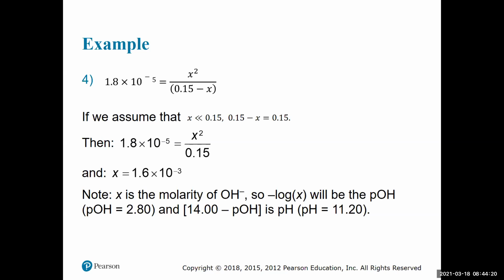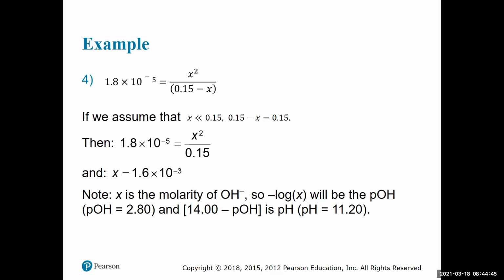And so in this case, we're going to make the assumption that that x value is going to be a lot smaller than 0.15. Because of that, we're going to ignore the minus x in the denominator and just write it as x squared over 0.15 equals that base dissociation constant.